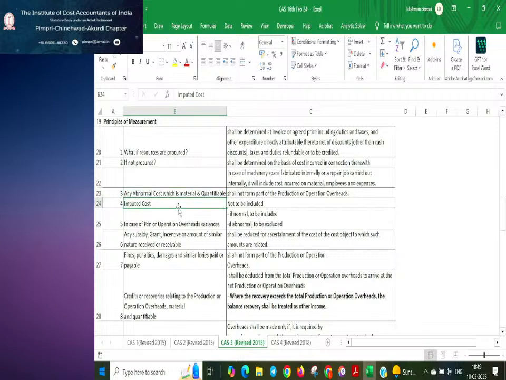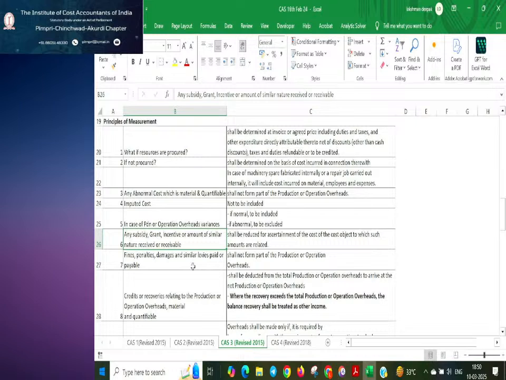Then imputed cost, of course, is not included. In case of production or operation overhead variances, we have done variances in our Inter. We have learned about overhead variances, right? In that case, if the variance is normal, then it needs to be included. If the variance is abnormal, it needs to be excluded.